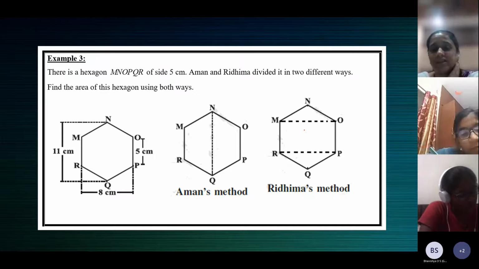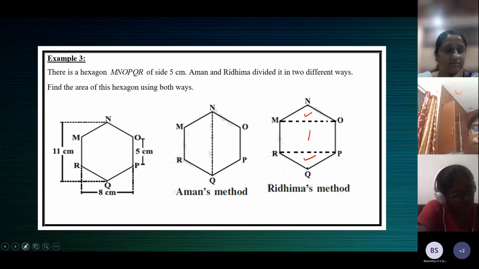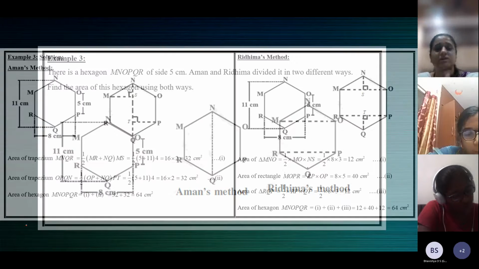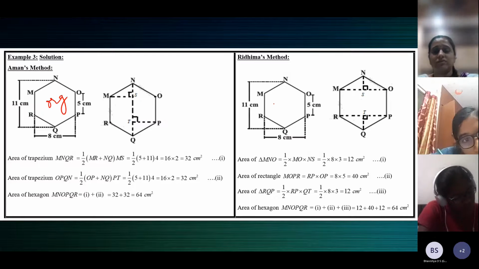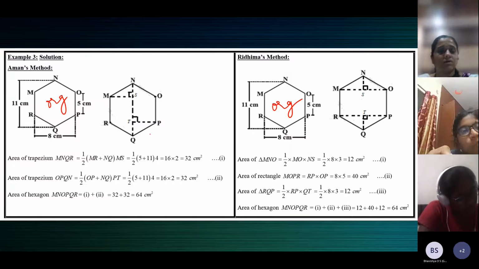In Ridhima's case, there are two triangles and one rectangle. So this is the original figure, children. This is how Aman has divided it. And this is how Ridhima has divided it.